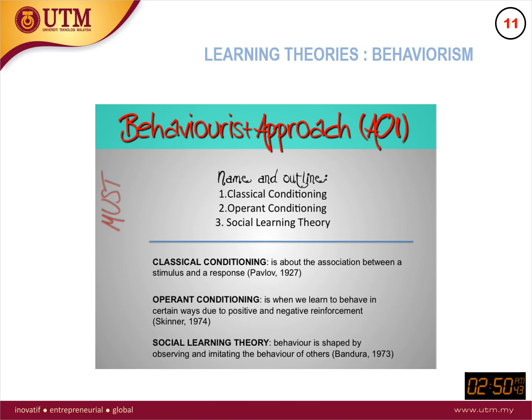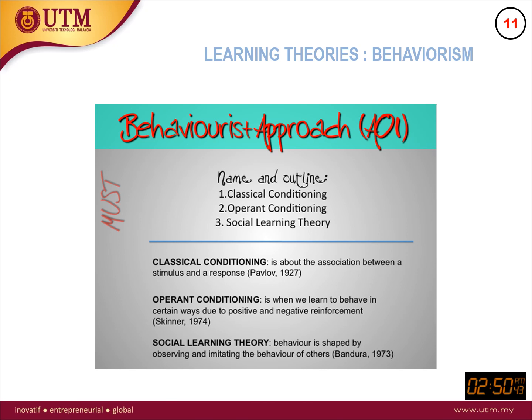Classical conditioning is about the association between the stimulus and the response. Operant conditioning, which Skinner took one step further, is when we learn to behave in certain ways due to positive and negative reinforcement.